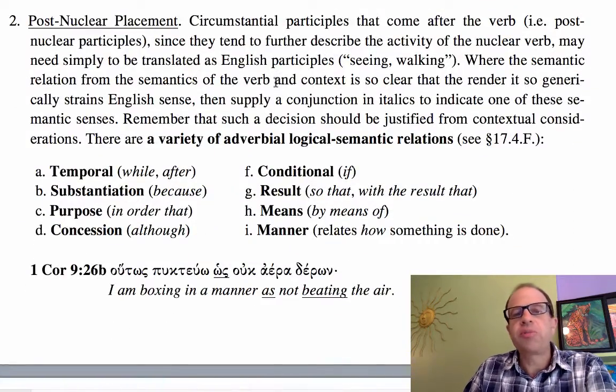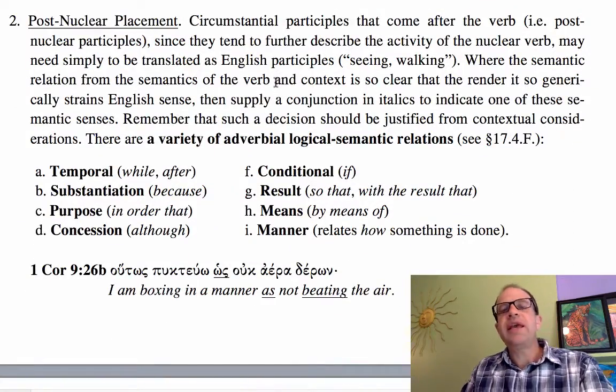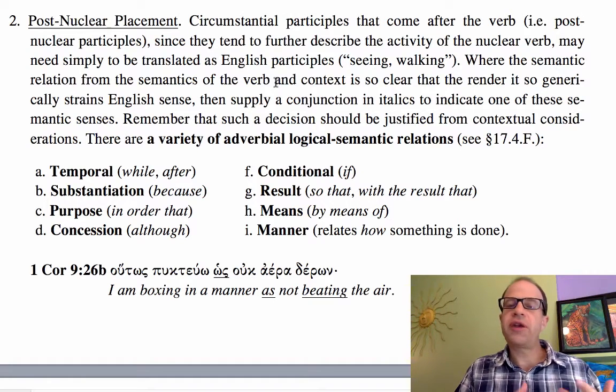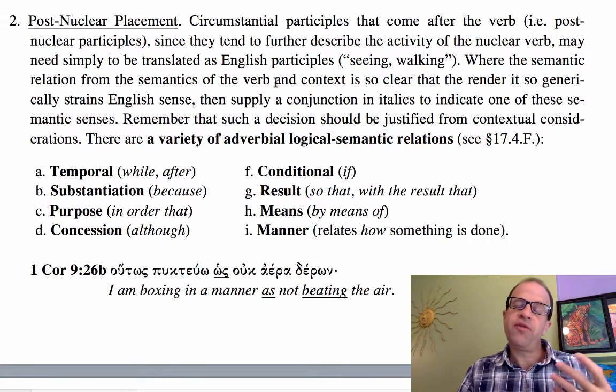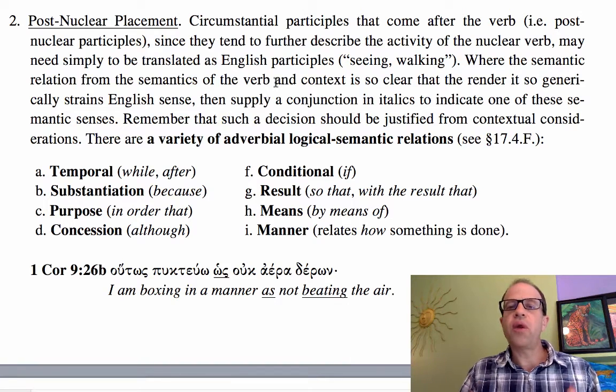Now, post-nuclear placement would entail often a description of particulars or particular aspects of the main verb. And there may be various adverbial relationships that would arise as possibilities from the sense of the logic of what's happening. Remember that the participle itself does not mark those adverbial relationships, but those must come from the sense of the context and the meaning of the words involved.